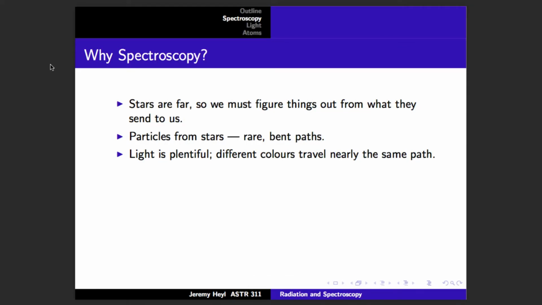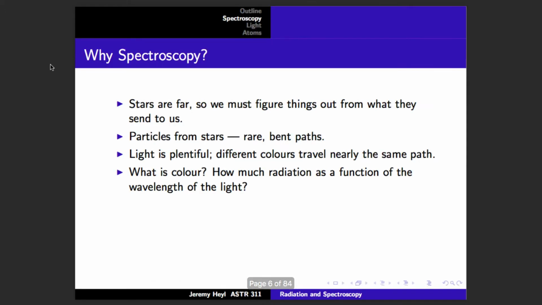On the other hand, light travels nearly the same path. We'll talk about gravitational lensing, where light can be bent, but that's a tiny effect. When I see some light coming from a part of the sky, I know that the object it came from is also in that part of the sky.